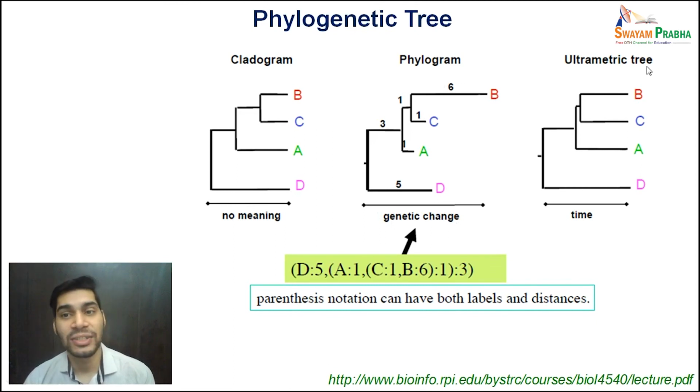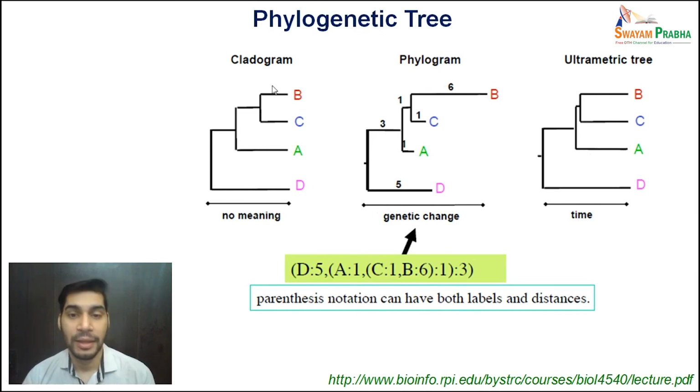Whereas in case of ultrametric trees, the branch length represents the time. So based on whether the branch length is depicting time or genetic change, or it is just showing the relationship without mentioning the time or the amount of character change, they can be classified as ultrametric trees, phylograms, or cladograms respectively.